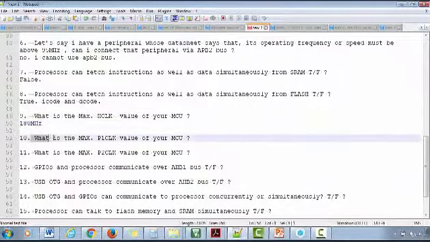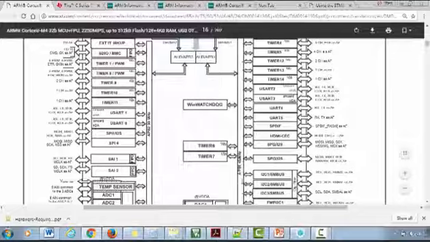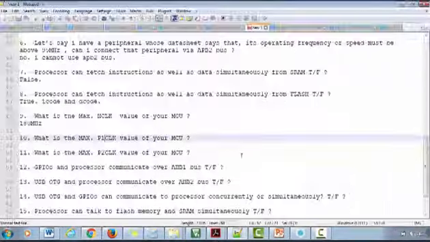Now the next question, what is the maximum P1 clock value of your MCU? The P1 clock is actually the abbreviation used to denote the operating clock frequency of the APB1 bus. So the maximum P1 clock is 45 megahertz, right?